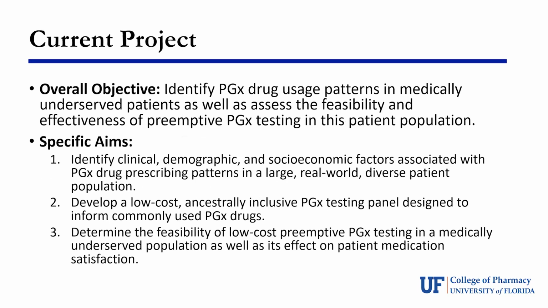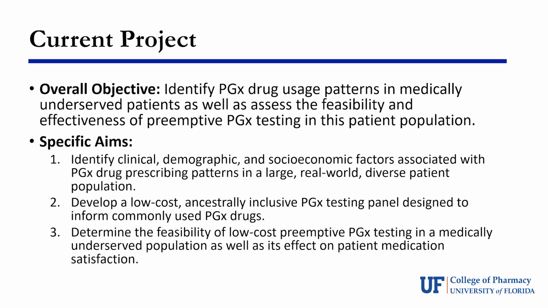And so that brings us to our current project. This was an NIH-funded project. And our overall objective was not only to identify PGX drug usage patterns in patients, but also to assess feasibility and effectiveness of actually doing preemptive pharmacogenetic testing in underserved patient populations. And we had 3 aims. I'll go over the 3 aims, but as you'll see, the focus of this talk is aim 1.